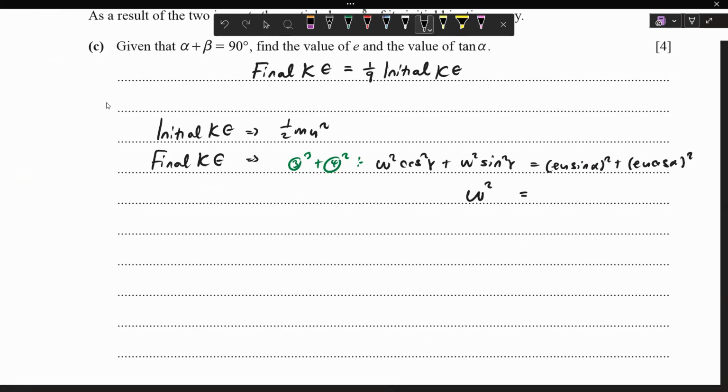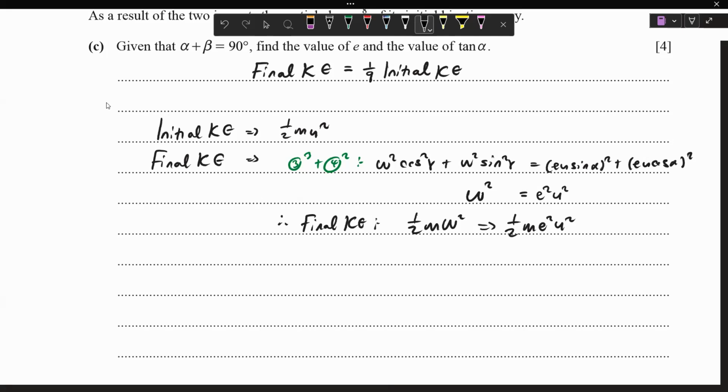It's fine, right? Yes, sir. And then on the right side, it's going to be E squared U squared. So therefore, the final kinetic energy is going to be half m W squared, which is half m E squared U squared.